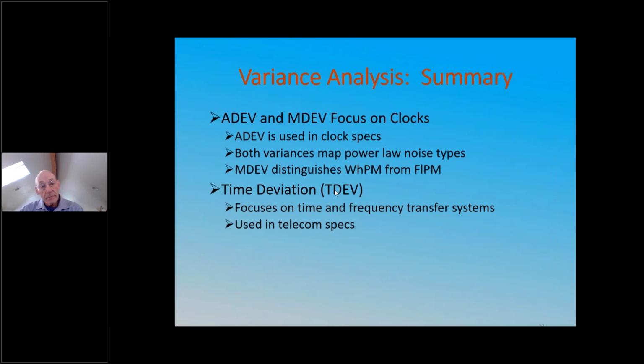And so the summary is ADEV and MDEV focus on clocks. TDEV focuses on time or frequency transfer systems used in telecom specs, as the gentleman mentioned. MDEV distinguishes white phase noise from flicker phase noise. ADEV maps power law noise types into variances.